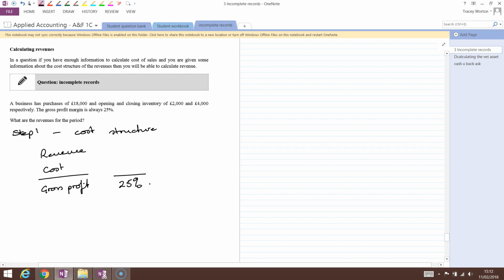It's a margin, so the revenue is 100%, and that leaves us with the costs being equal to 75%. So our second step is to establish our cost of sales, because we've got a bit more information in this question compared to the previous one.